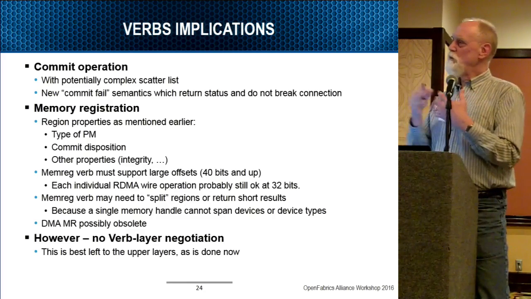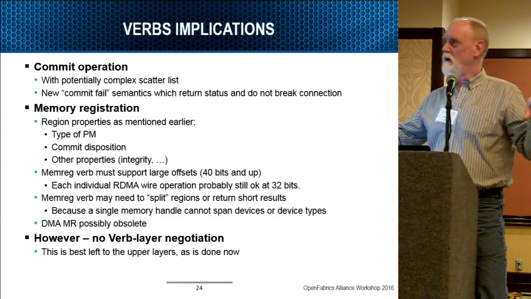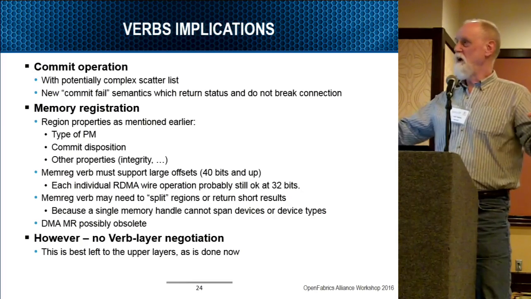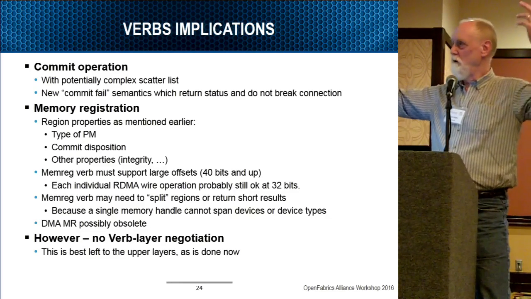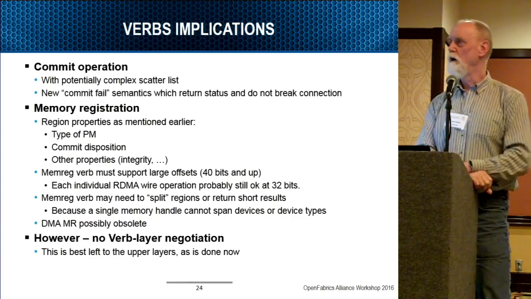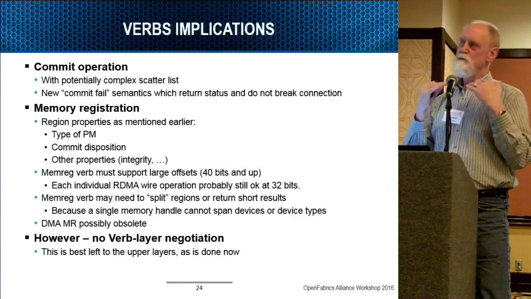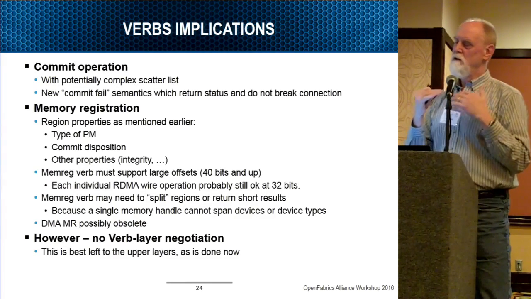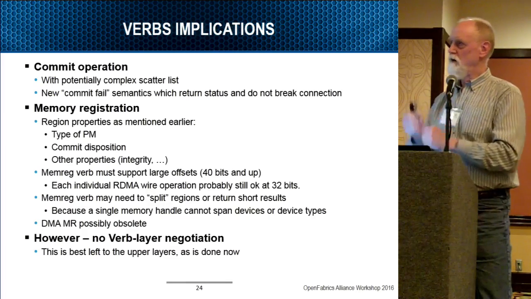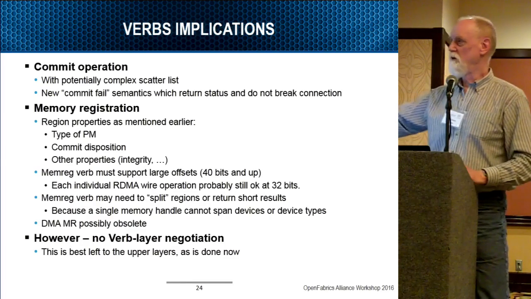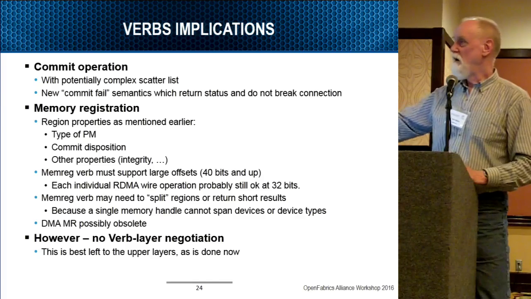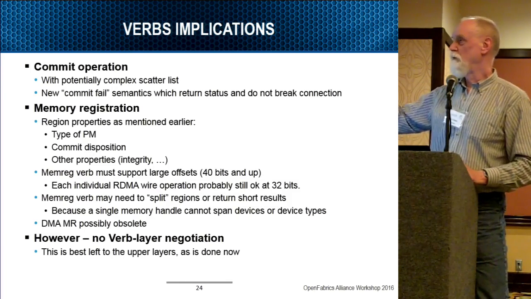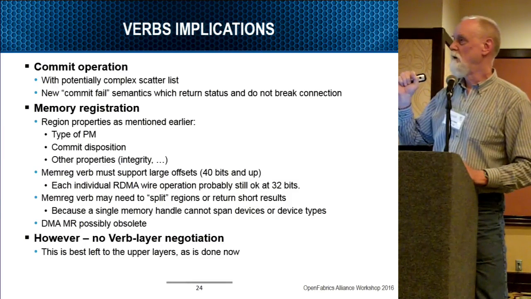I don't think it's the domain of the RDMA layer to state how this behaves. I think this is the domain of the upper layer and the requirements of the workload. And so I don't want to overspecify it at the RDMA layer, right? You asked for a commit of data that was already present on the server. The data's there, the commit failed, so the reply is only to the commit, right?